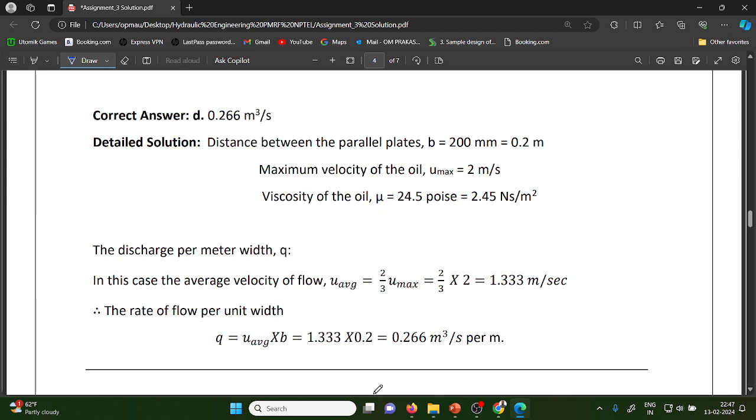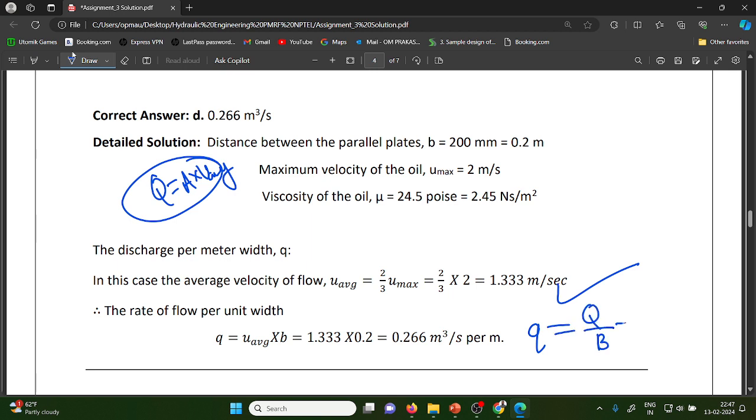The formula of discharge is what? Discharge is equal to area into velocity. This velocity is average. So here you have calculated the average velocity, but here we are talking about the discharge per unit width.